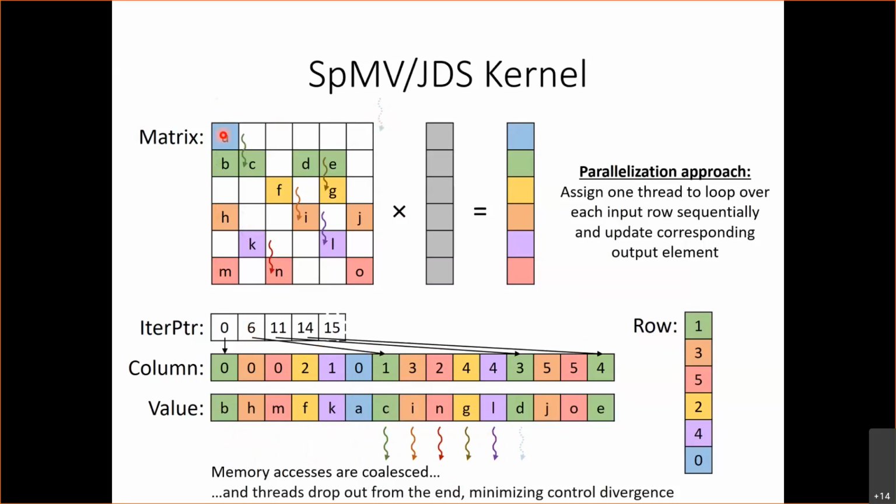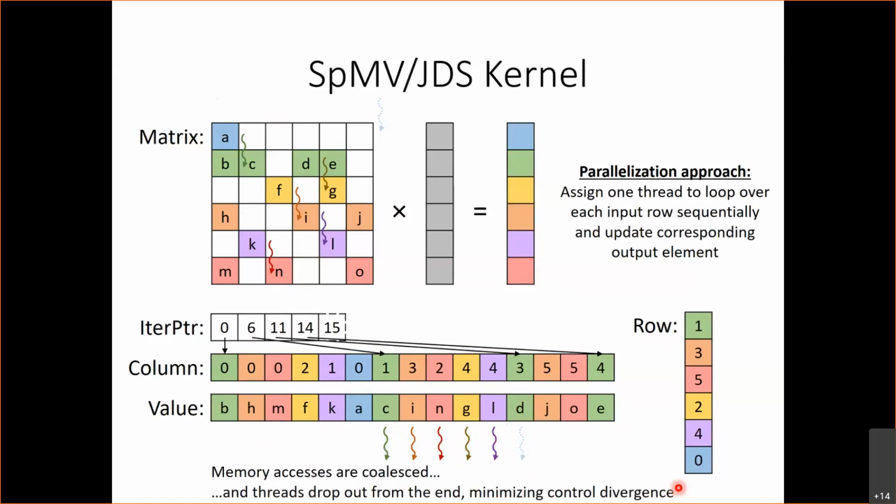And because this is the smallest row, this blue thread that drops out is going to be the last row in the sorted array. So it's going to be the last thread. The thread that drops out is the last thread. Because I don't have arbitrary threads in the middle dropping out, they're dropping out from the end, this is what minimizes control divergence.